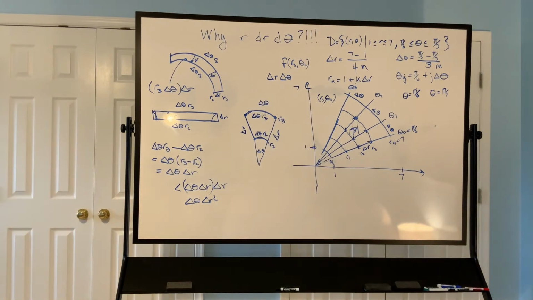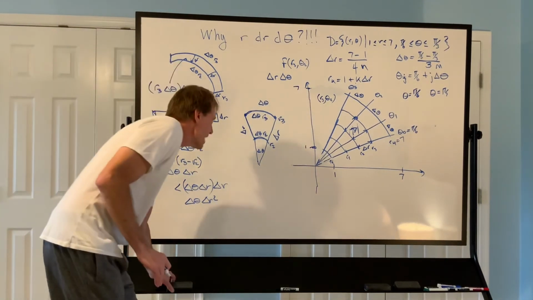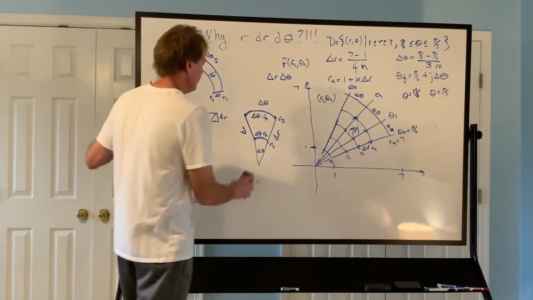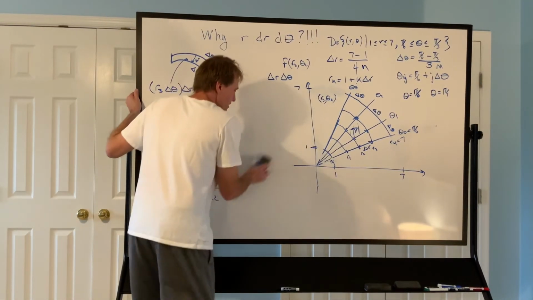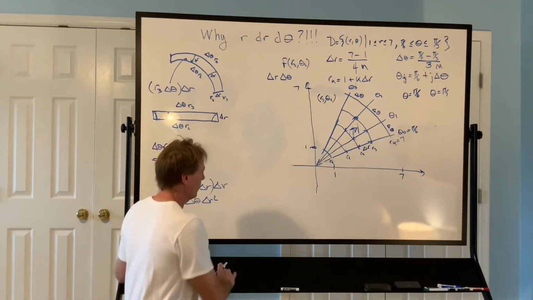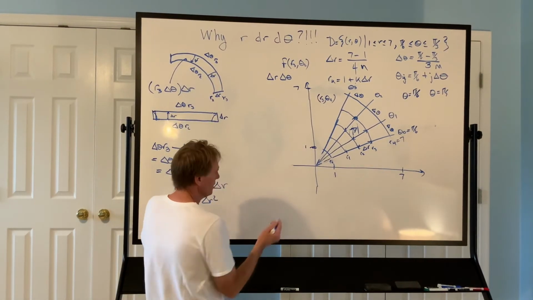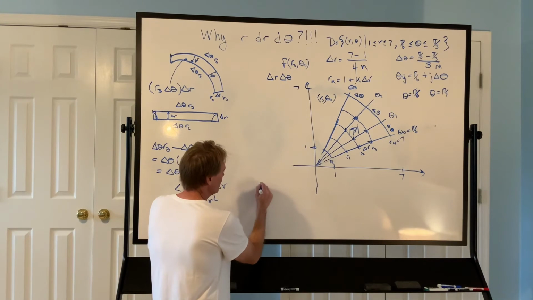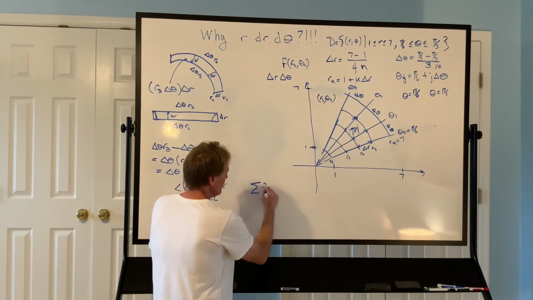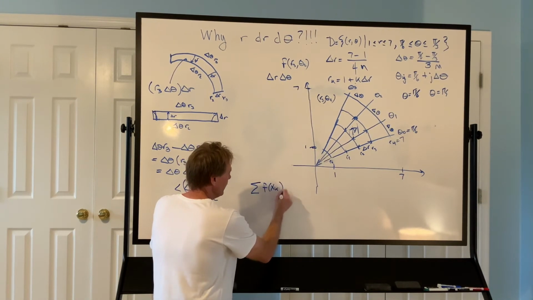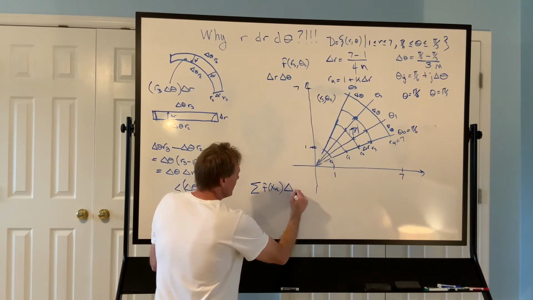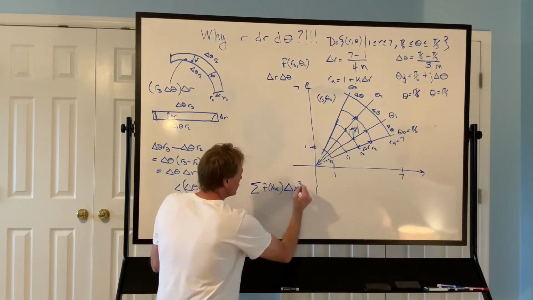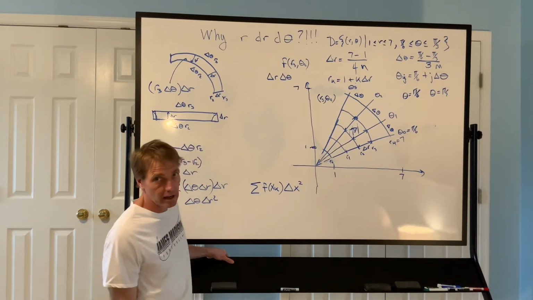All right. So let's just imagine for a second, you guys can go back and look at this, let's just go back to Calc 1. Imagine you have something that looks like this. You've got a Riemann sum that's got f of x sub k. Forget double sums. But it's just delta x squared instead of delta x.